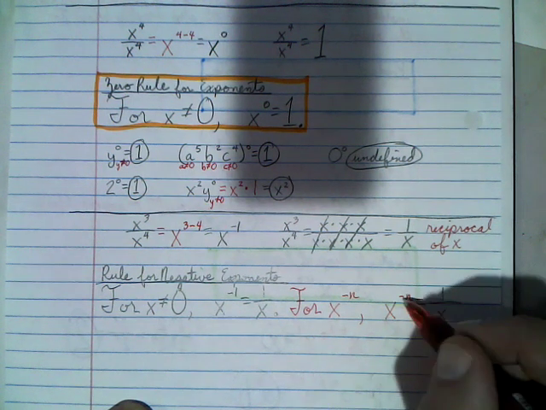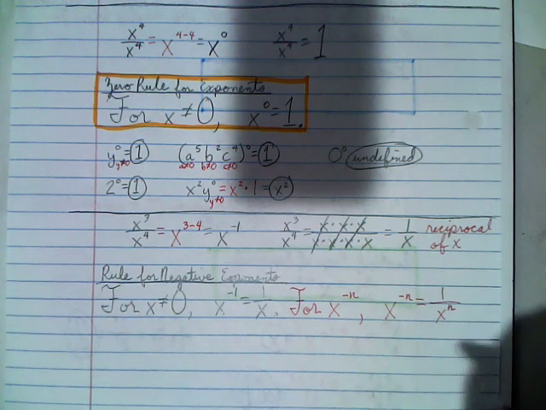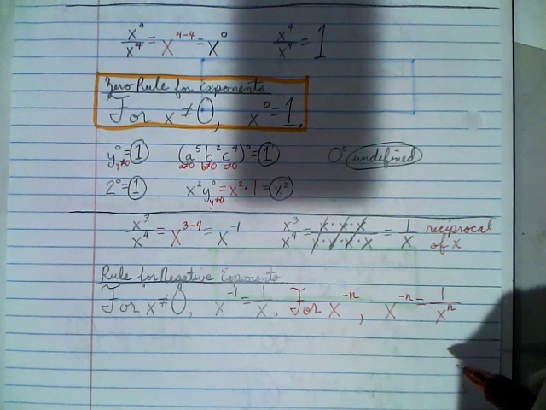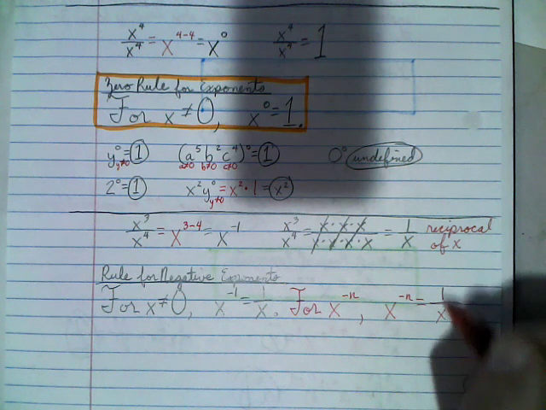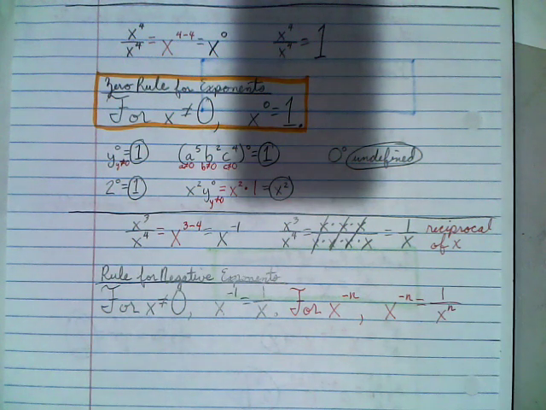But what's going to happen is in making the reciprocal, that negative gets used up. So the negative turns this into a reciprocal. So n will still be n, but the negative disappears when I do my reciprocal.